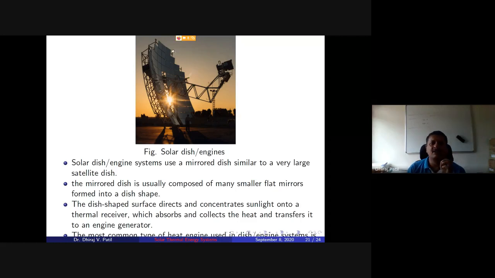So if it is a glass mirror, then this glass mirror should have large reflectivity or large transmittivity, and less absorptivity, so that the temperature of the glass itself is maintained low and there is no absorption of solar radiation here. Okay, and then we should have these kinds of films.